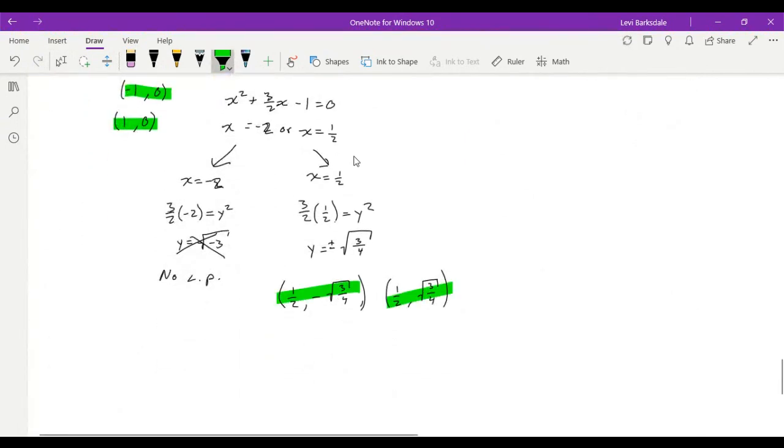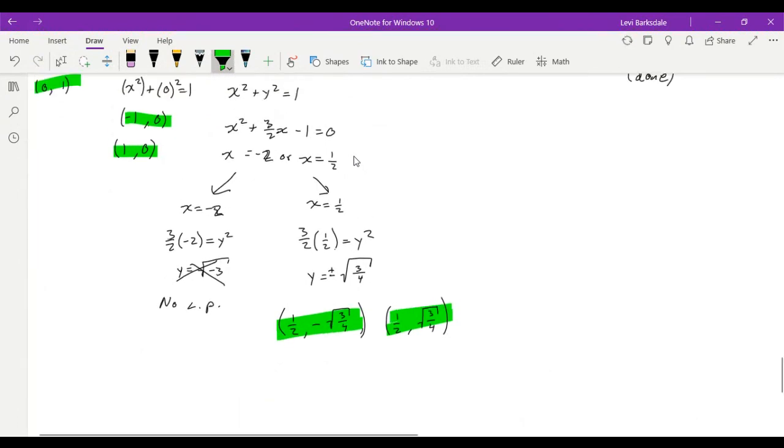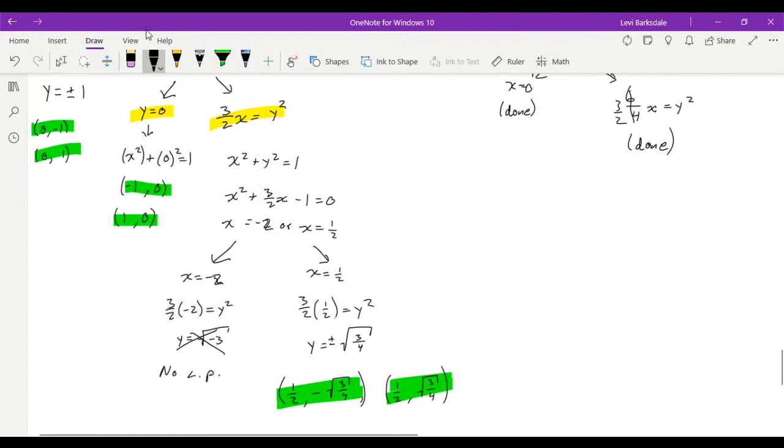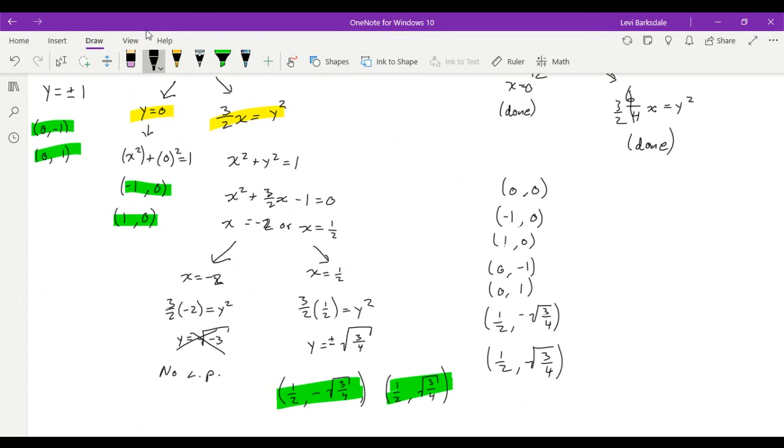And then we found these two slightly weirder ones. I will write all of those here: (0, 0), (-1, 0), (1, 0), (0, -1), (0, 1), (1/2, negative square root 3 over 4), and (1/2, positive square root 3 over 4).